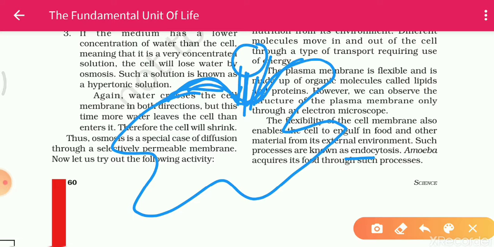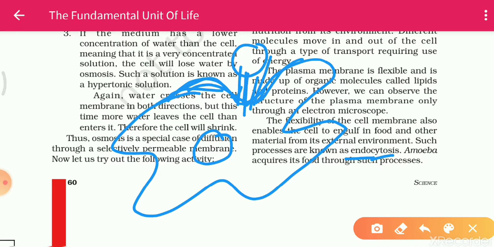Endo means inside, cyto means cell. When any material comes inside the cell, that process is called endocytosis, and this process takes place in the amoeba. So that is a very important definition: what is endocytosis, and which process takes place in the amoeba.